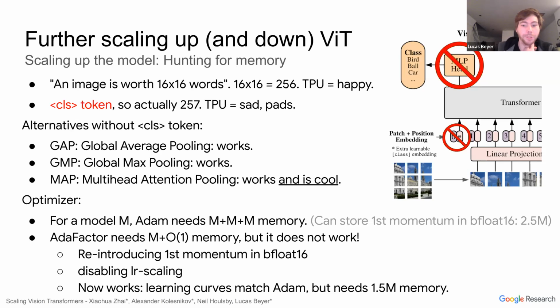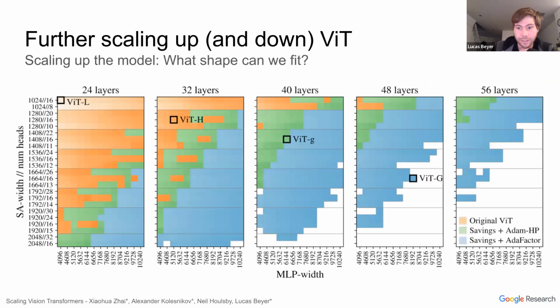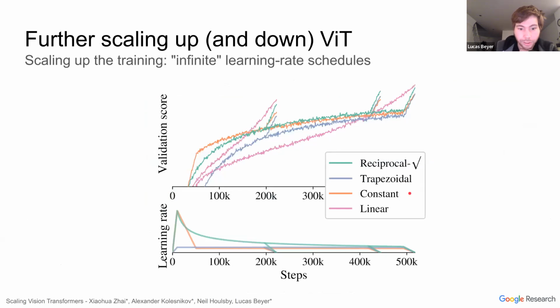In our case, TPUs, but the same story goes for GPUs. And then we did search for the largest shape that we can fit, and we went for a much larger ViT model than previously used. This doesn't really matter.